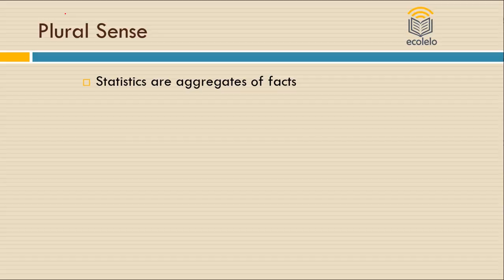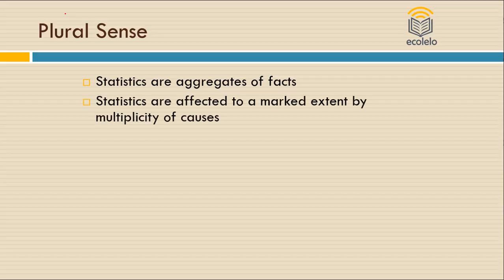Okay, so when we talk about data, when we talk about statistics, it always has to be two figures, more than that. For example, in a class of 30, 15 students are below 50 kg weight and rest 15 are above 50 kg weight. So this becomes data because we are comparing. So it's aggregate of facts.